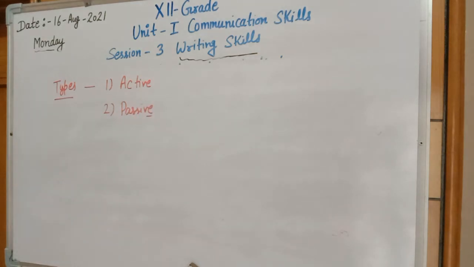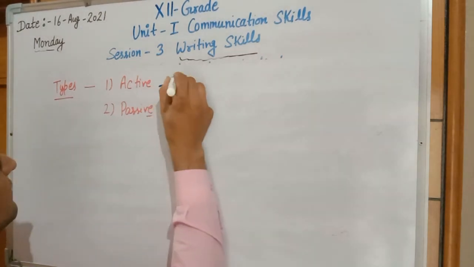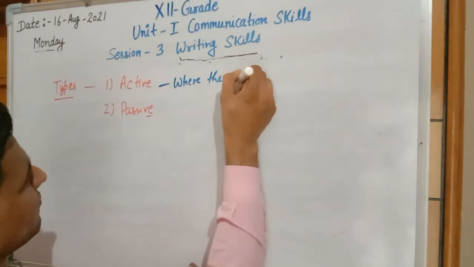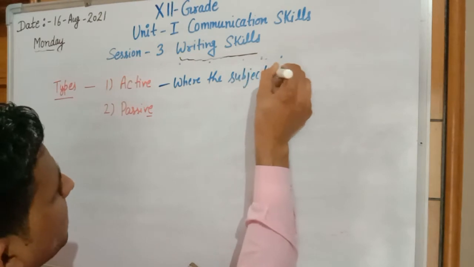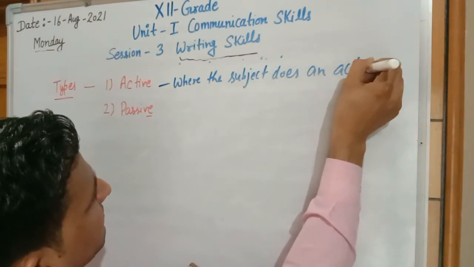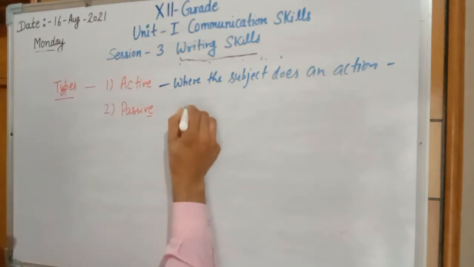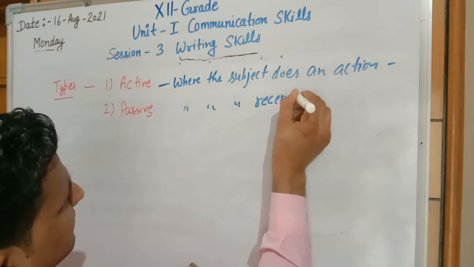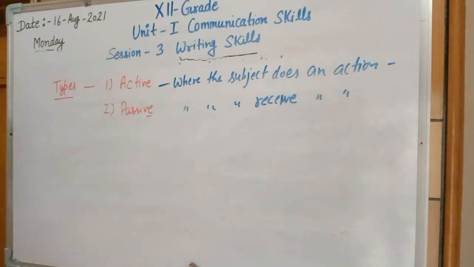What is the difference between active voice and passive voice? Where the subject does an action, it is active voice. It means the person does an action, it is active voice. And where the subject receives an action, it is known as passive voice.